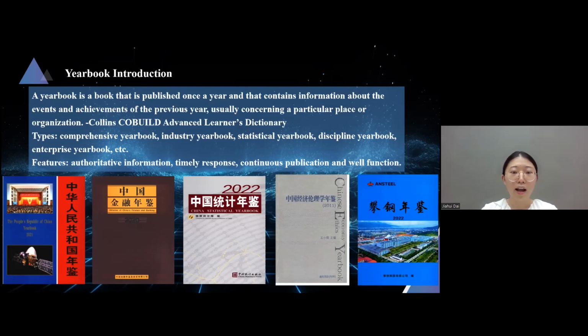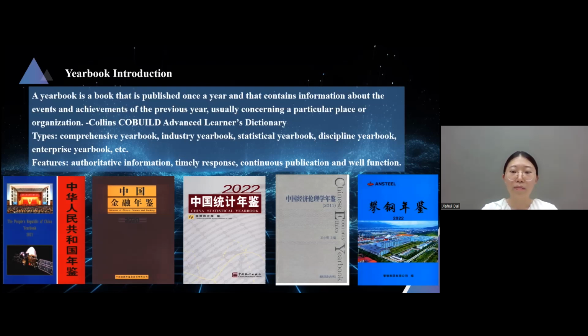Secondly, they have timely response compared with other reference books, such as dictionaries. They are updated and published year by year, so they can reflect the latest development of an industry or a region. Thirdly, they are continuously published.